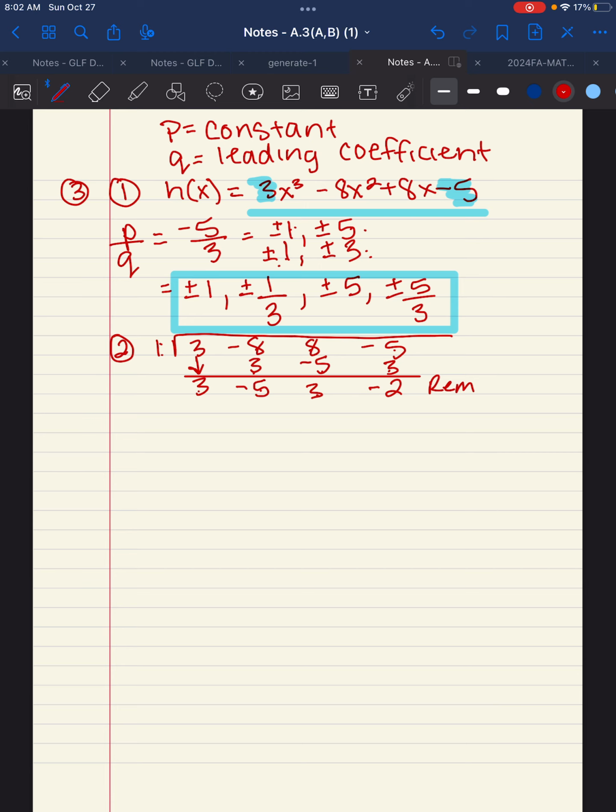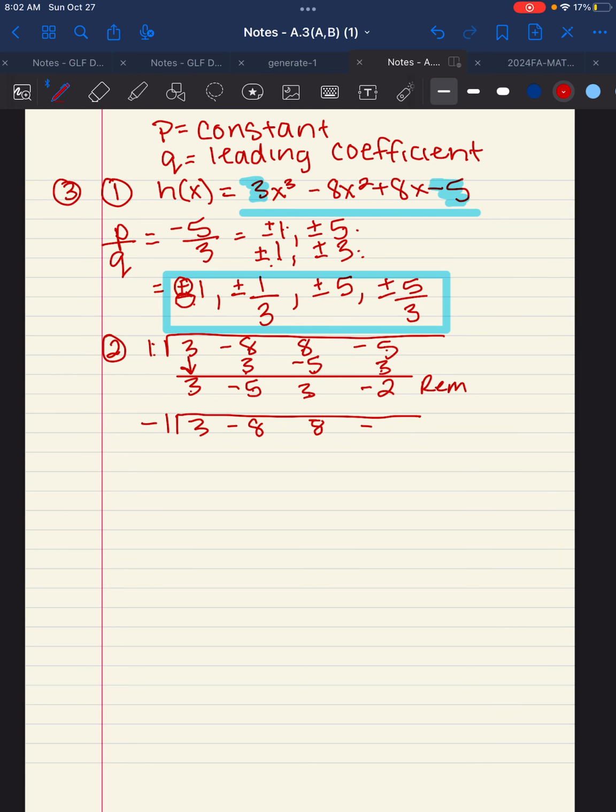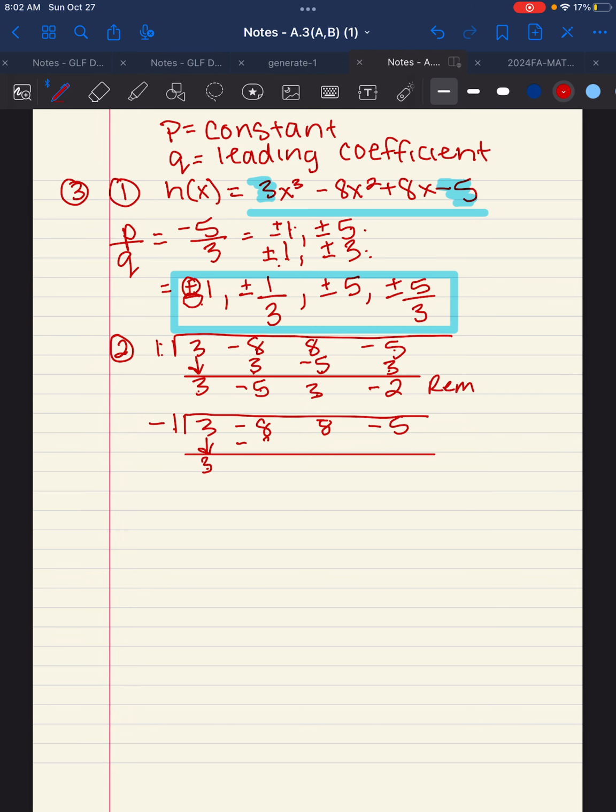So now we got to go on to negative 1. We just did positive 1. Now we're going to do negative 1. Here we go. 3, negative 8, 8, negative 5. Bring down that 3. All right. 3 times negative 1 is negative 3.